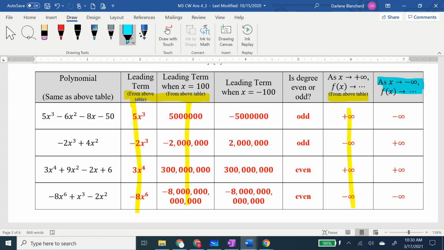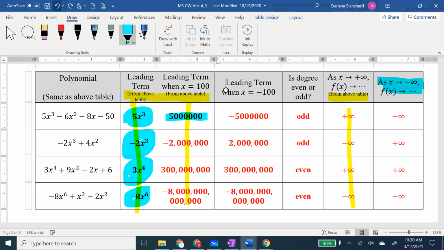So again, the leading term. Now, if I'm dealing with x cubed, when I have a negative number going into x, let me push undo for a second.